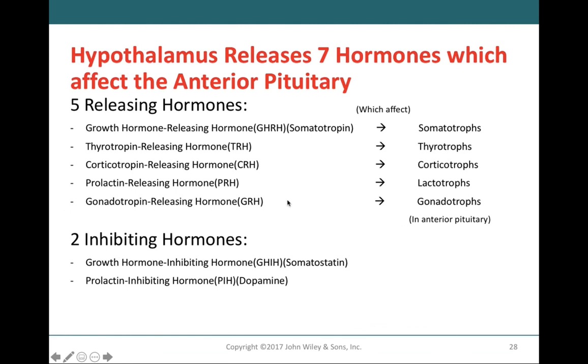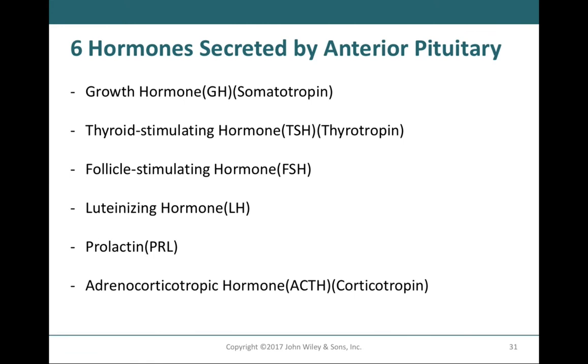So FSH and LH will go and affect the gonads, and that's why they're called gonadotropic hormones. Adrenocorticotropic hormone, also known as corticotropin, is released in response to corticotropin-releasing hormone from the hypothalamus. And then we have prolactin, which will eventually go and affect the mammary glands. This will be released by the lactotrophs in response to prolactin-releasing hormone.